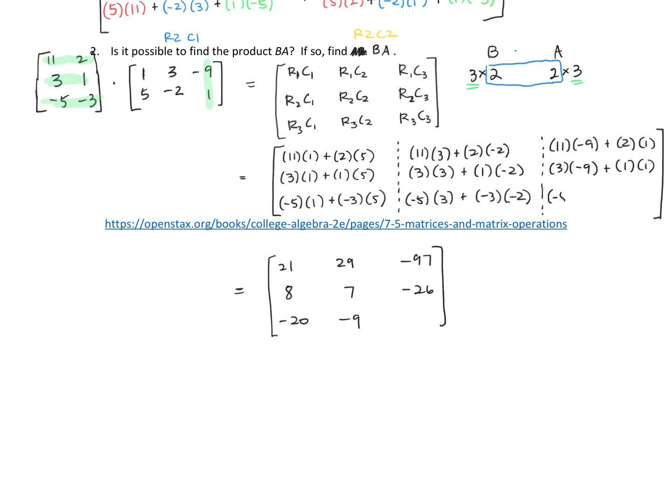And so that will give me negative 5 times negative 9 plus negative 3 times 1. So that will be negative 45 plus a negative 3, so that'll be negative 48. And so that 3 by 3 matrix will be our product when we multiply B times A.